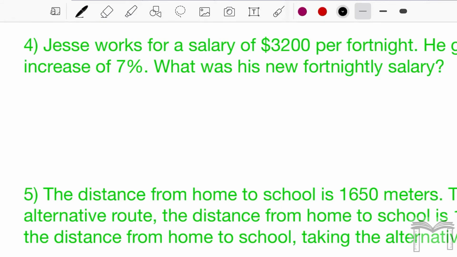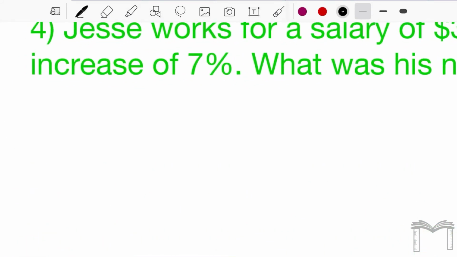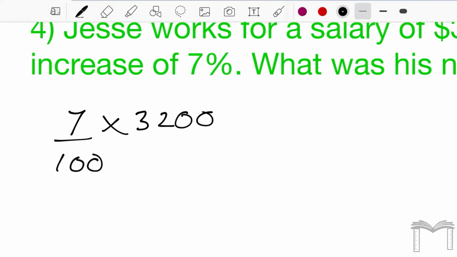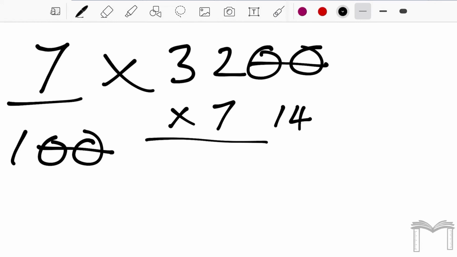So we must simply find 7% of $3,200. We can cancel the 2 zeros on top with the 2 zeros below. 32 times 7. 7 2s are 14. 3 7s are 21, plus 1 is 22.